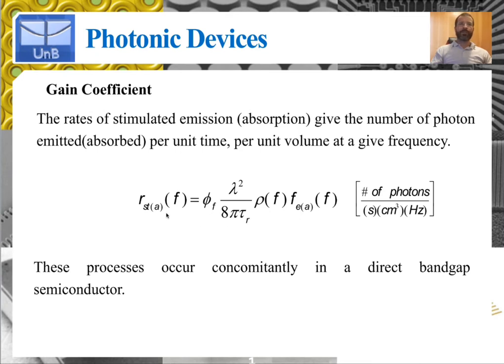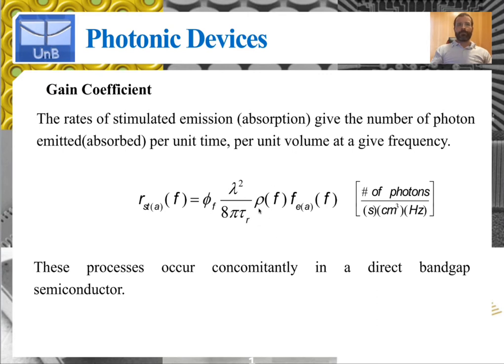For instance, the rate of stimulated emission as a function of frequency was given by this expression, which is the photon flux density multiplied by this constant right here, lambda squared divided by 8 pi times tau r.